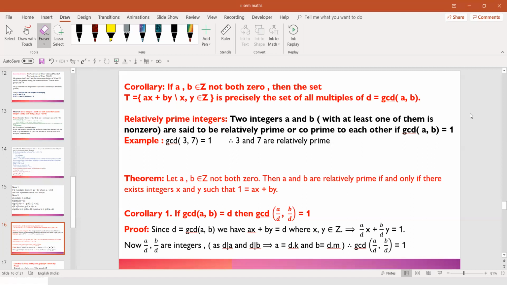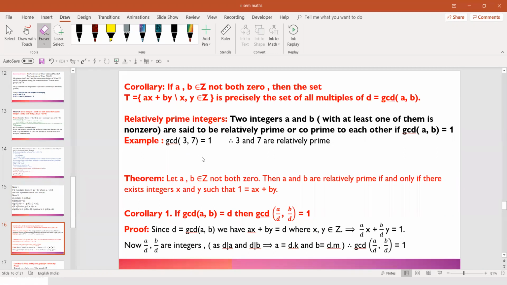So now I will come to this definition. What are relatively prime integers? Two integers are said to be relatively prime or co-prime, two names that mean the same, if their GCD is 1. 3 and 7, GCD 1.